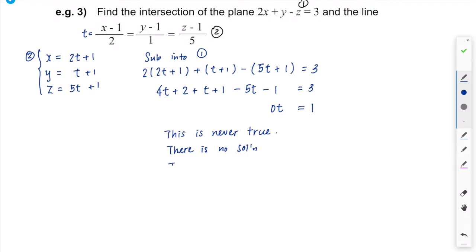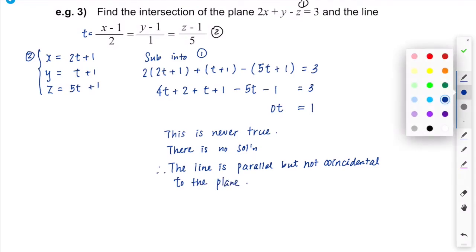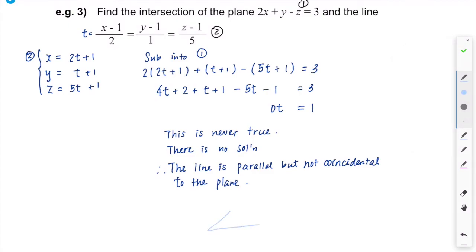And of course, we now know that this line must be parallel, but not coincident, to the plane. Okay, and the case that we're talking about is like that.